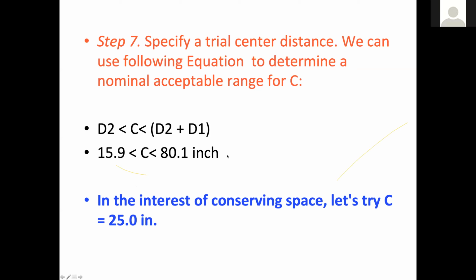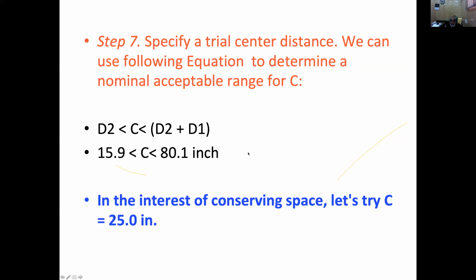Is it up to us to take this value? Yes, but it is better to conserve. It is a design parameter. Now this is the guideline given here that the central distance will be in this range, so you can select any central distance from this.